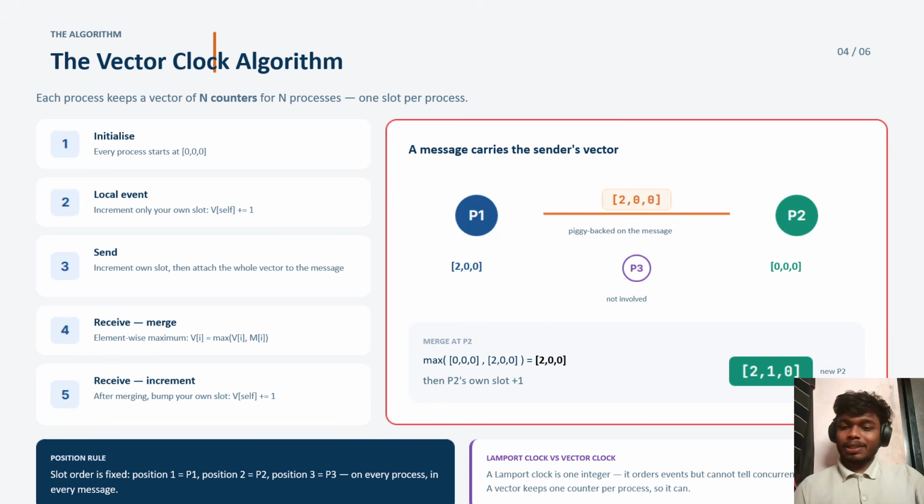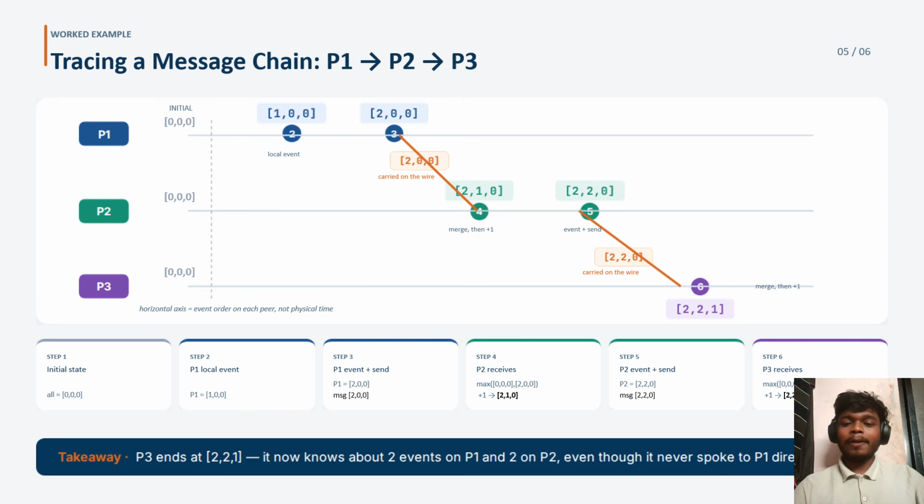When it sends a message, it attaches its vector to the message, and when another process receives the message, it looks at the incoming vector, takes the highest number for each slot between its own vector and the received one, and finally increments its own slot. In that way, the vector clock algorithm manages all the vectors. So we can go to the next slide.